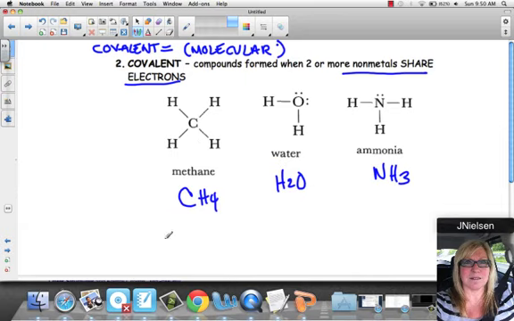How do I decide how to draw these? Well, carbon's got 4 valence electrons. 1, 2, 3, 4. Here comes H with 1. Here comes H with 1. Here comes H with 1. And here comes H with 1. I can then replace this X and this dot. I use X's and dots just to show you.